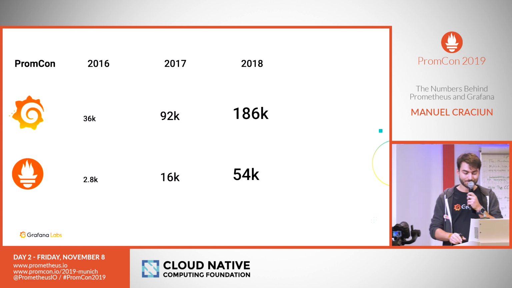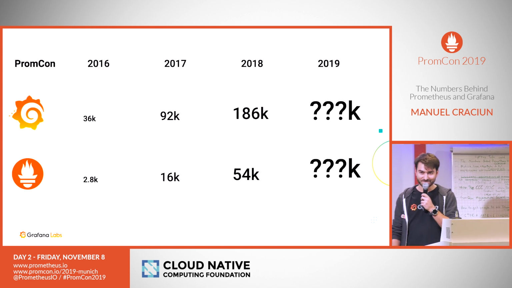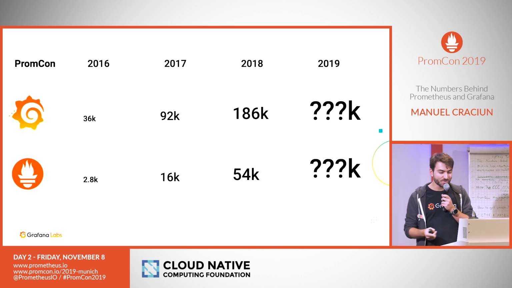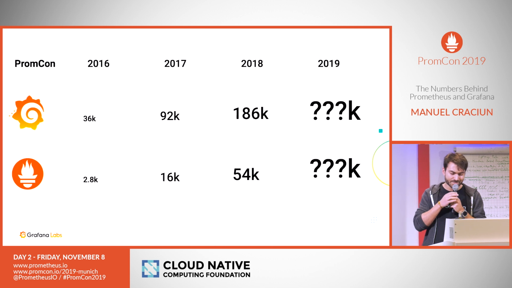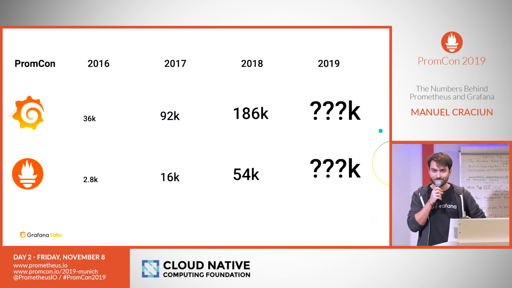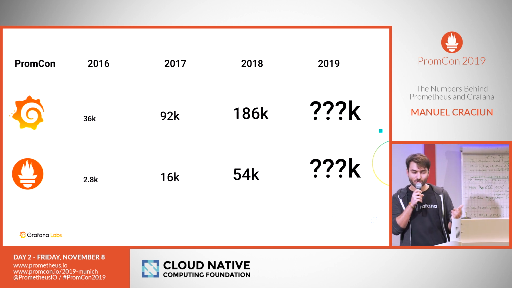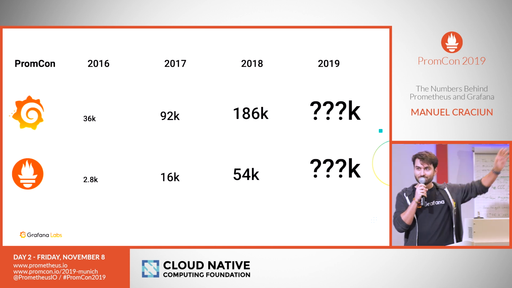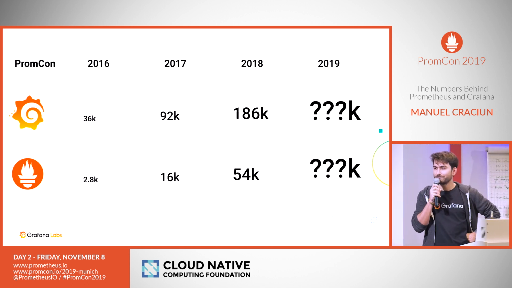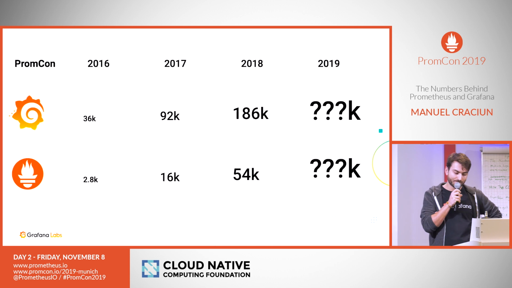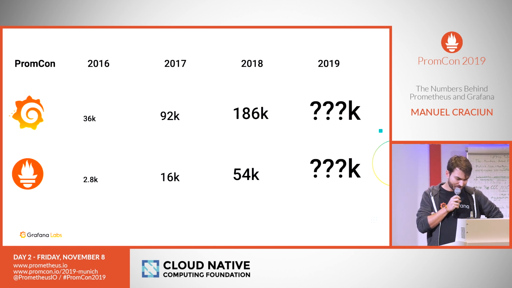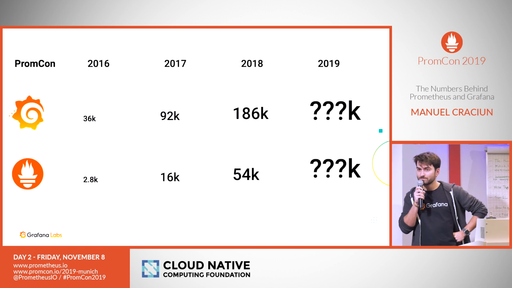Now, the question is, what happens in 2019? Any guess? We had 186,000 Grafana installs. Who says we doubled? At least doubled. Double would be 360,000. Who'd say 400,000?